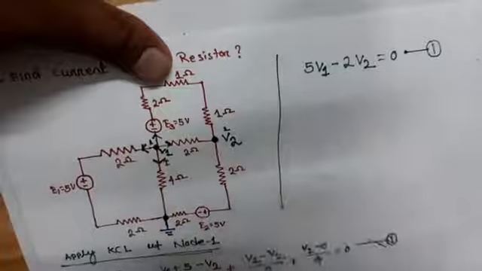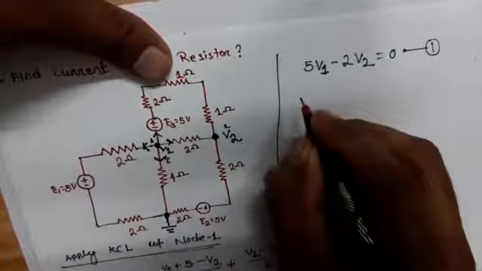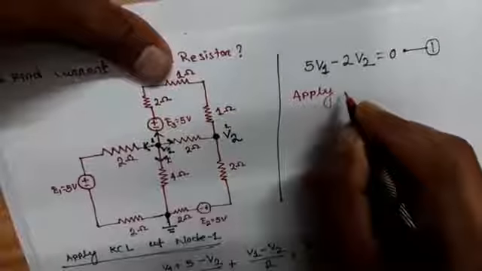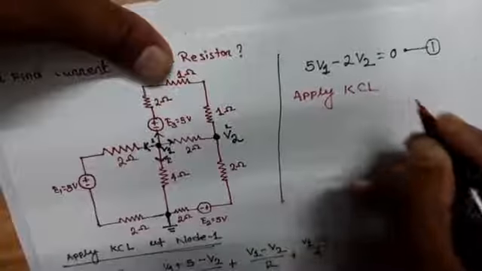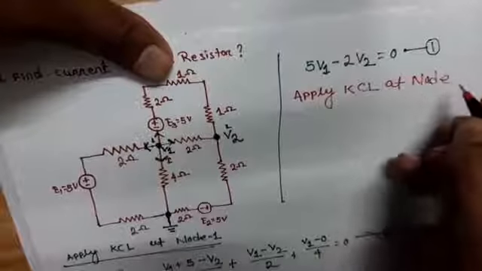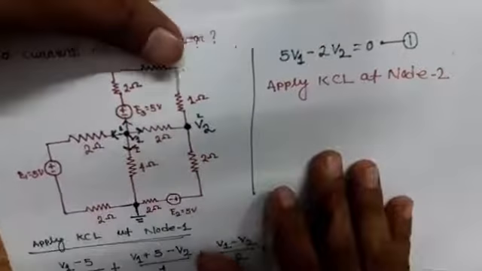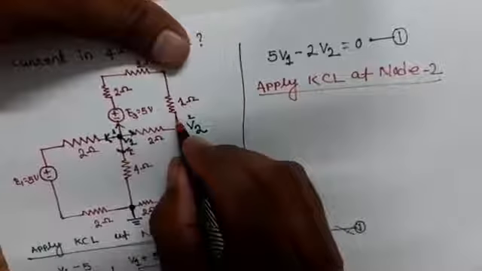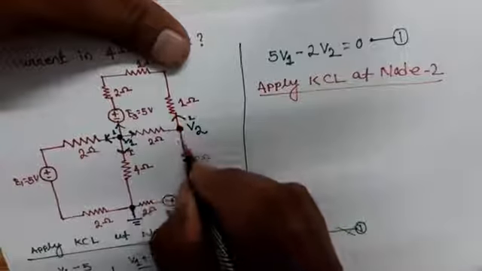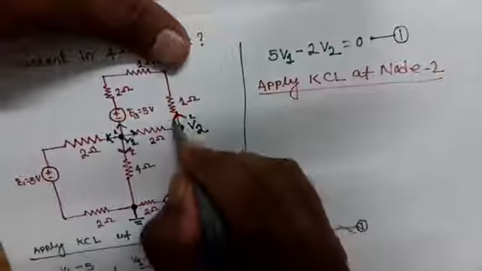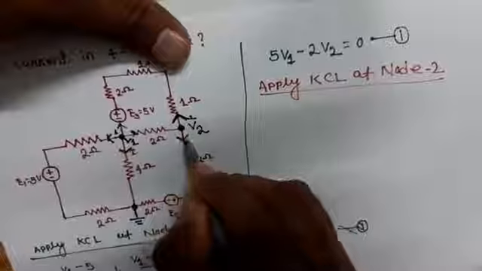Then we apply KCL at node 2. Here node 2 is at higher potential, so current will flow from node 2.